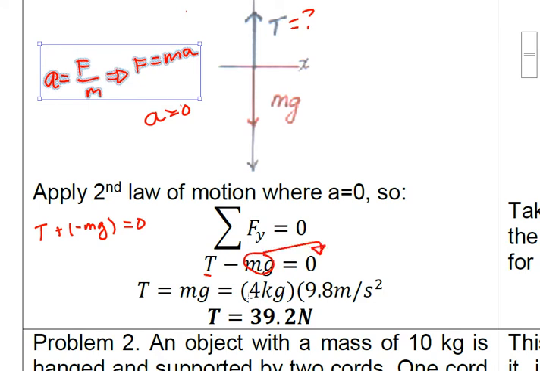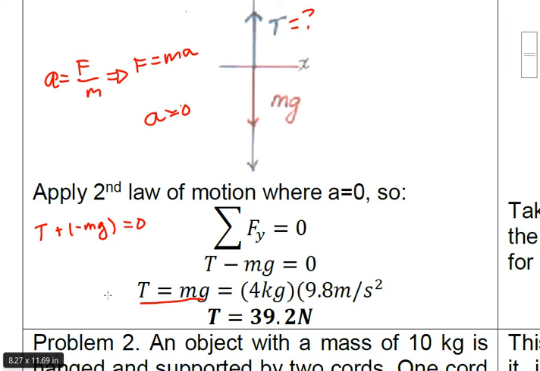As you take the additive inverse of the weight, you will come up with this equation: T is equal to m times g. With that, you have the working equation.